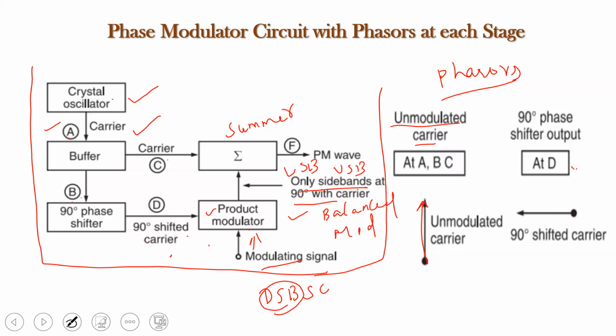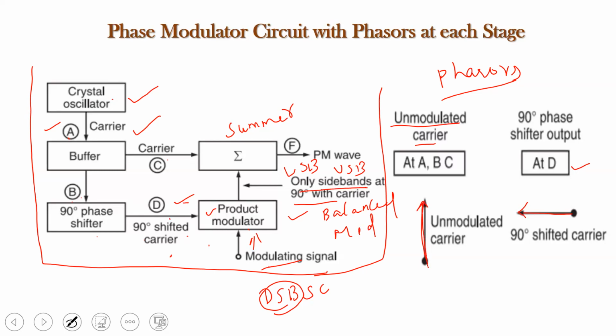Now at D, what happens? At D, we are shifting the carrier in phase by 90 degrees, and this 90 degree phase shifted carrier is reaching this point D. So the phasor at this point D is going to be a 90 degree shifted carrier, and this will be represented as a horizontal line like this.